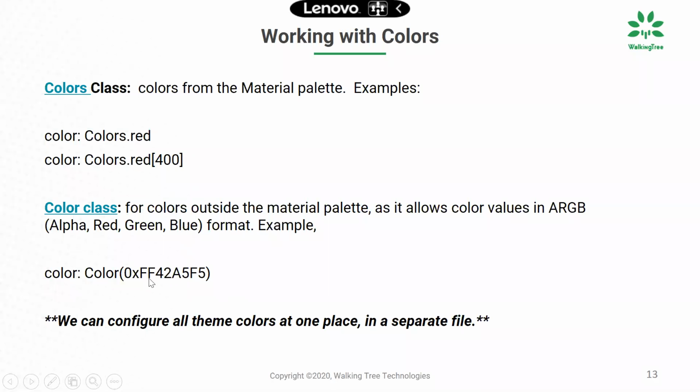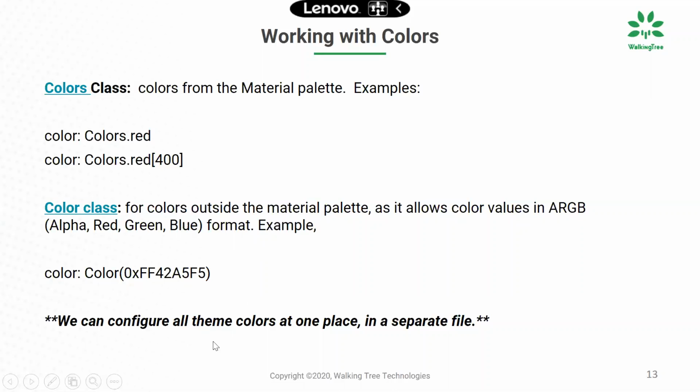So 0xFF for fully opaque, and then it is red, green, and blue. So like this, you will give the color hex code without the hash sign, and that color will get applied. So for material colors, this syntax. For other colors, we can use this syntax.